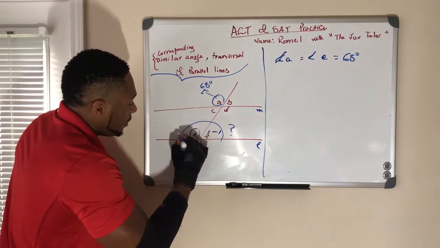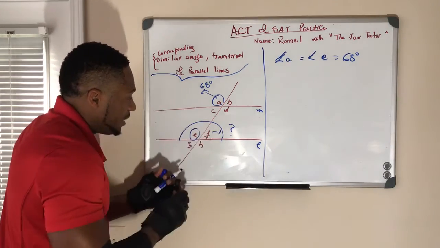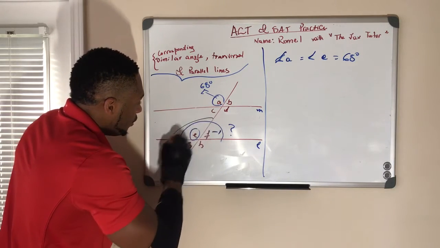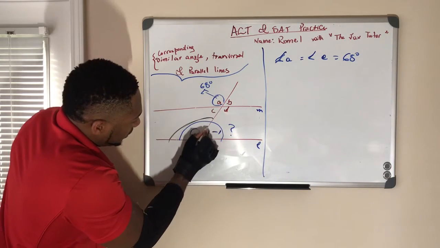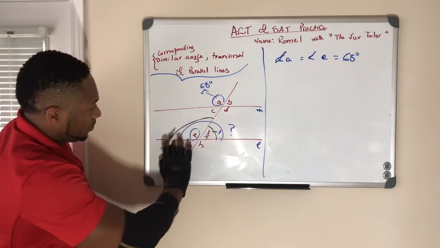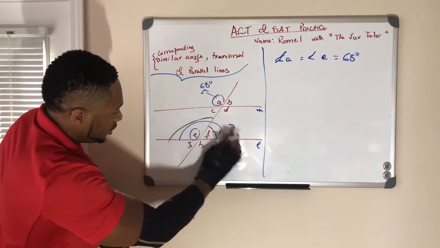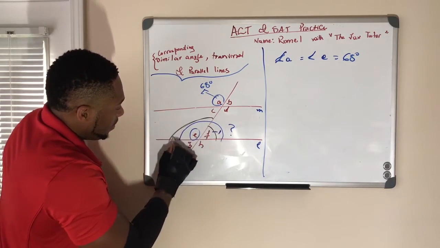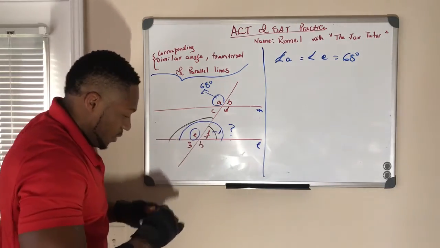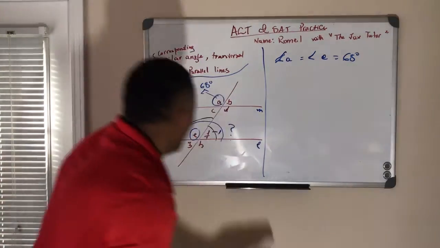How does that make up? This angle is made up by this angle, which is E, and then this angle. This whole line here, this whole 180 degrees, is made up of this angle here and this angle. Let me erase that and show it to you a little better.